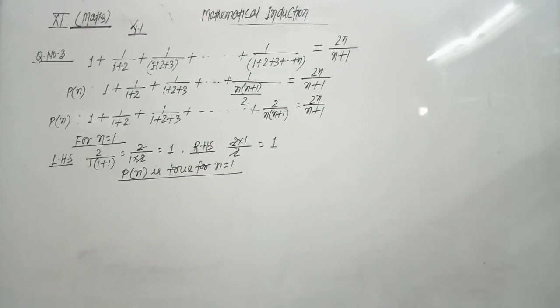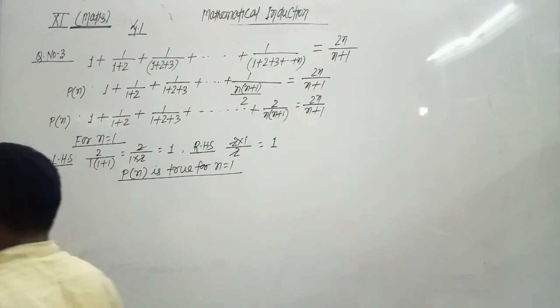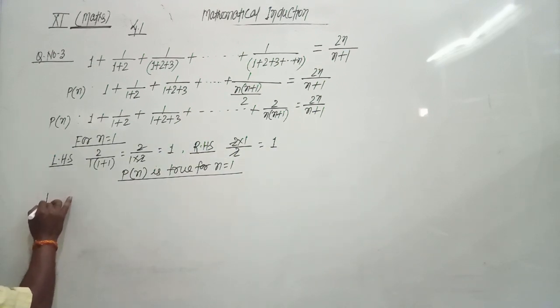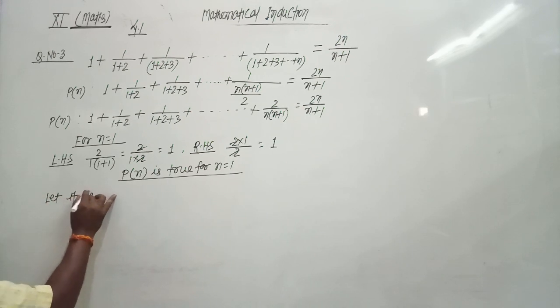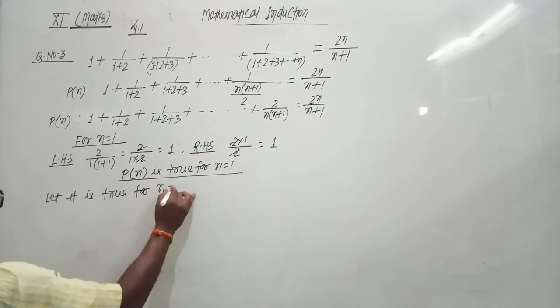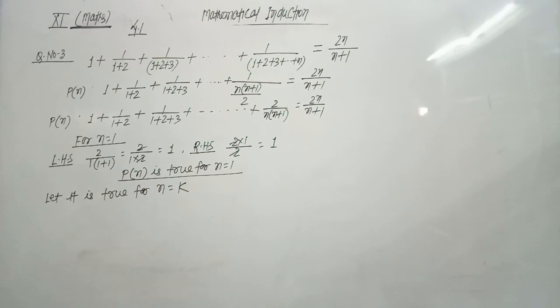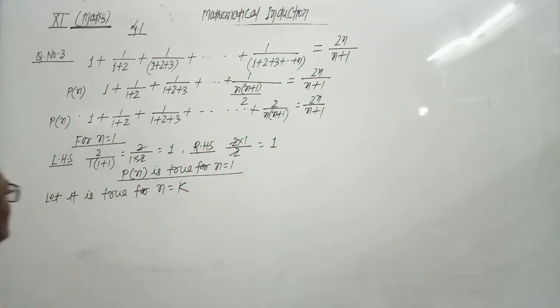Now we suppose that the statement is true for n equals to k. So we write let it be true for n equals to k. And at the place of n, we will write k.